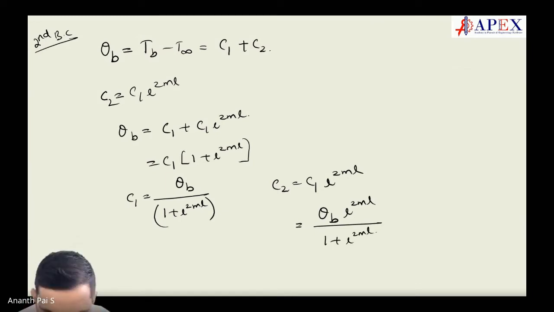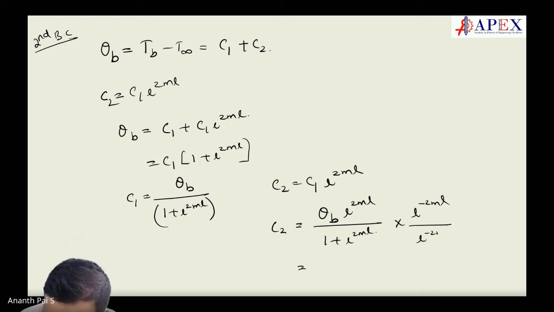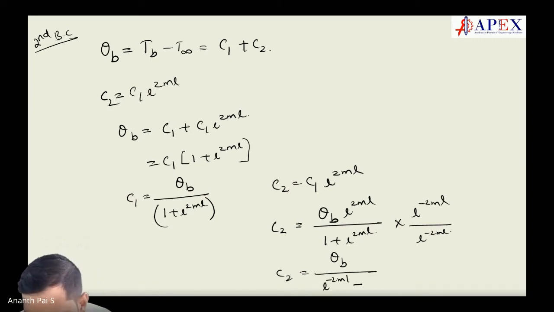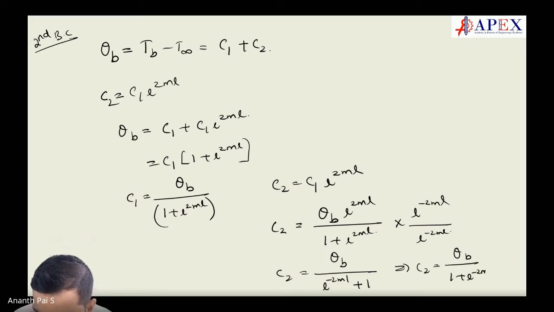Now further, let us multiply and divide by e power minus 2 ml. So C2 can be equal to, you multiply by e power minus 2 ml and you divide by e power minus 2 ml. This will become as 1, so don't have to worry. So C2 is equal to theta B divided by 1 plus e power minus 2 ml.